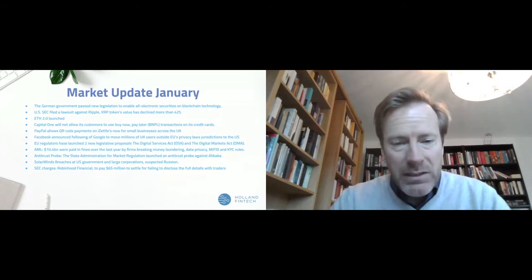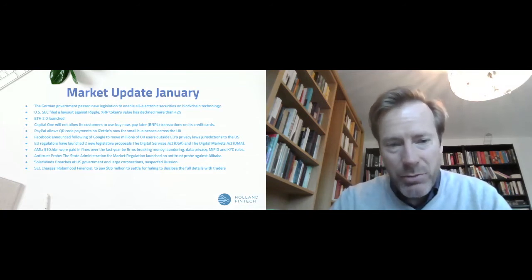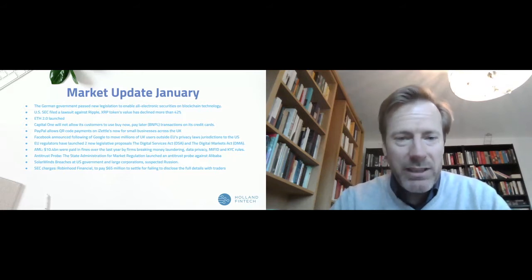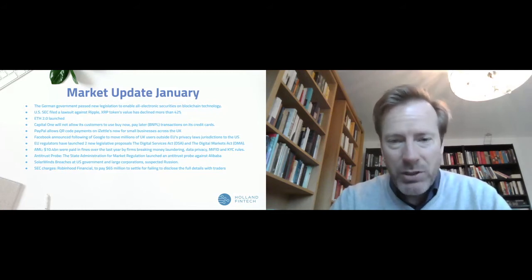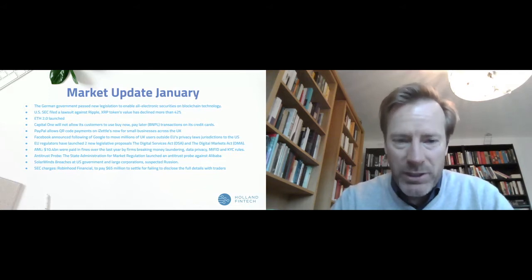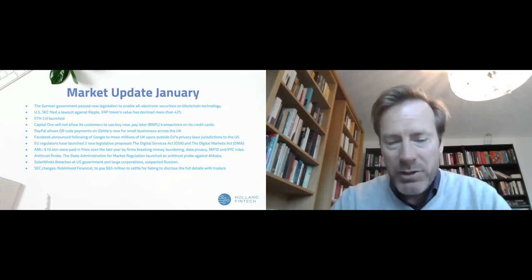Then if we stay in the crypto world, we see that the SEC, the US regulator, filed a lawsuit against Ripple, which Ripple actually fought against because they didn't find it a fair charge. But at the same time, we saw that there was a lot of turmoil around the value of the XRP token, which is Ripple's own cryptocurrency.